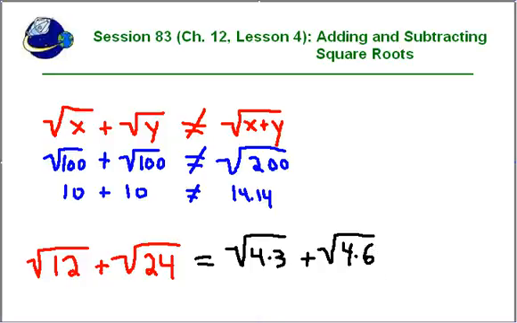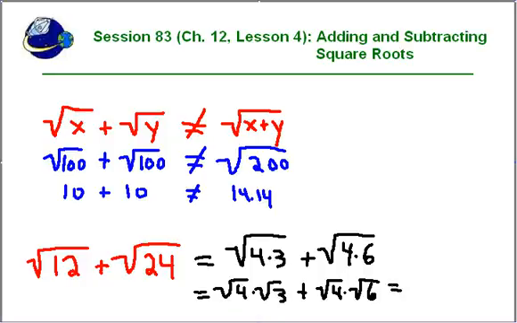Now we can simplify. Remember that the square root of 4 times 3 is going to be the same thing as the square root of 4 times the square root of 3. And then what we're adding to that is going to be the square root of 4 times the square root of 6.